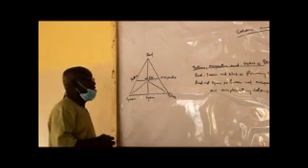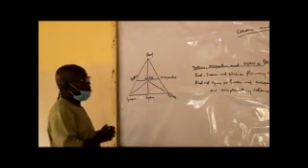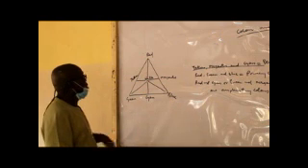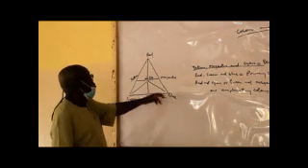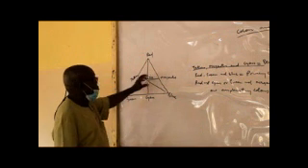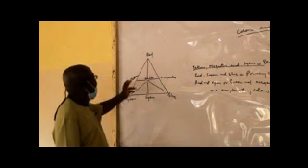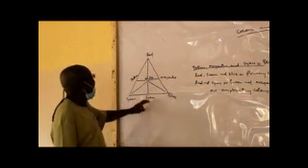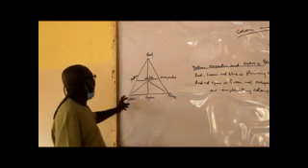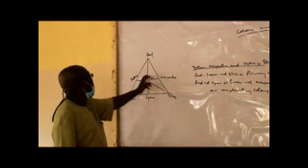And the next is complementary colors. Remember that when you add red, green and blue, you get white light. So when you add red and cyan, you get white light. If you add green and magenta, you get white light.